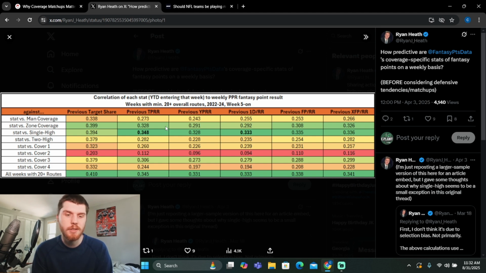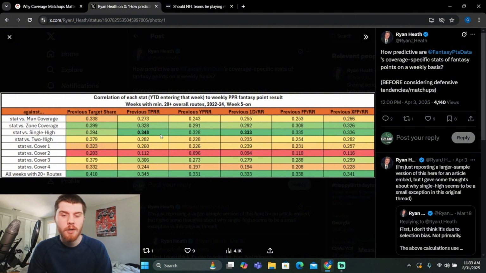It might be interesting to see the correlation of their metrics up to that point with fantasy points the rest of the season. That might be interesting to do, but that's not necessarily what he's looking for. He's looking for weekly upside. And so this is just to get a general sense of which stats are most predictive of fantasy points in the next week. That's how you could think about it there.